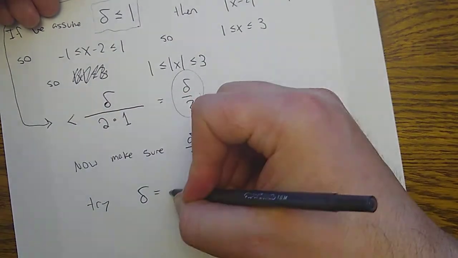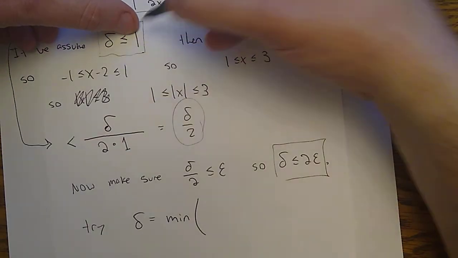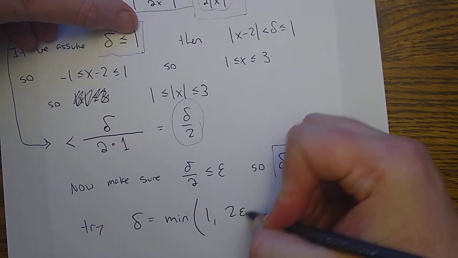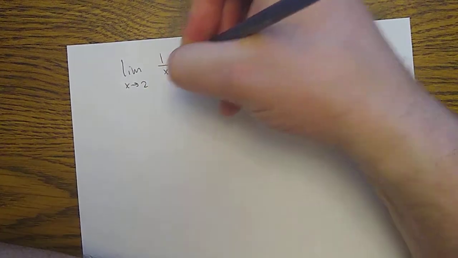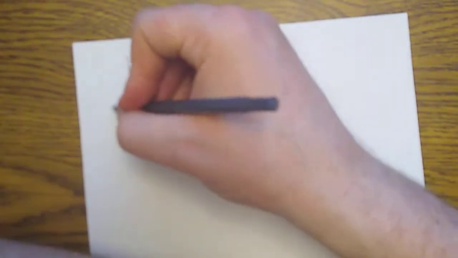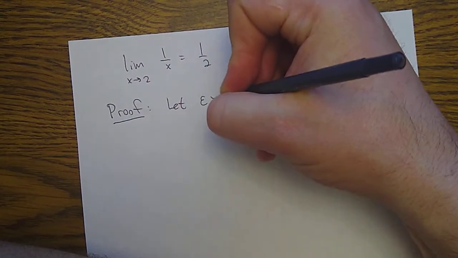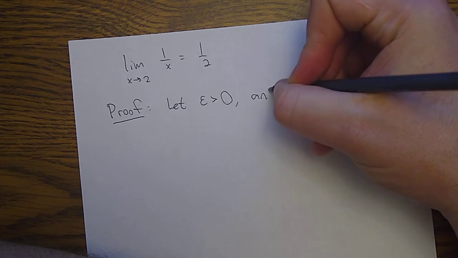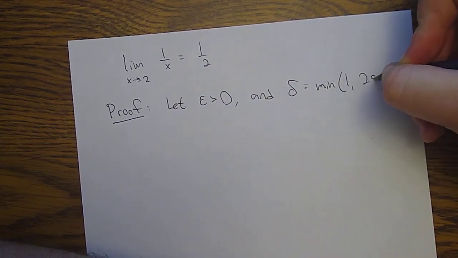We're going to try delta to be the min, again, of 2 things, this one and this one. So that's our scratch work. Let's go to a formal proof. Let epsilon be greater than 0, and delta be the min of 1 and 2 epsilon.